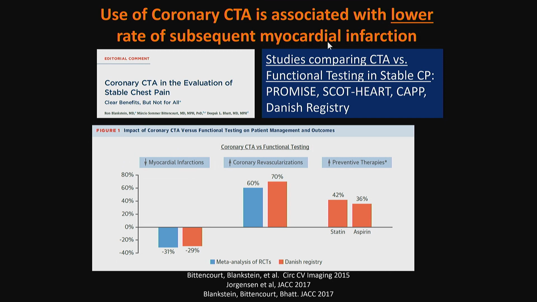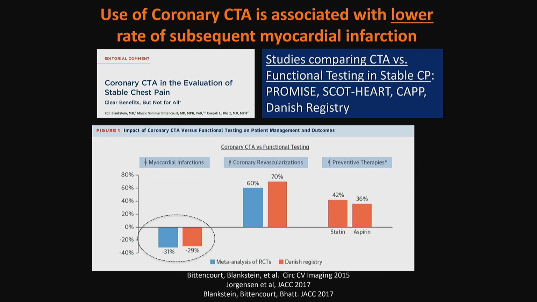One of the findings from all these studies, whether in a meta-analysis of the 3 randomized trials or in the Danish registry shown here in red, is that patients randomized to CTA generally were found to have a reduction of approximately 30% in the future rate of myocardial infarction.